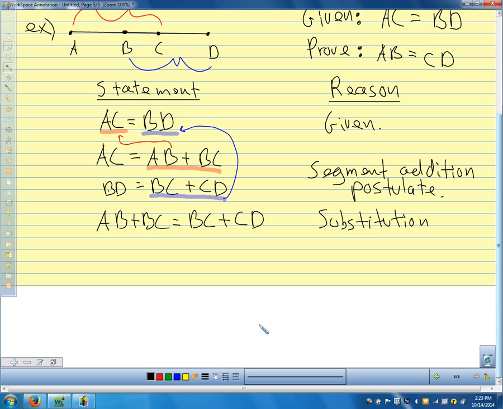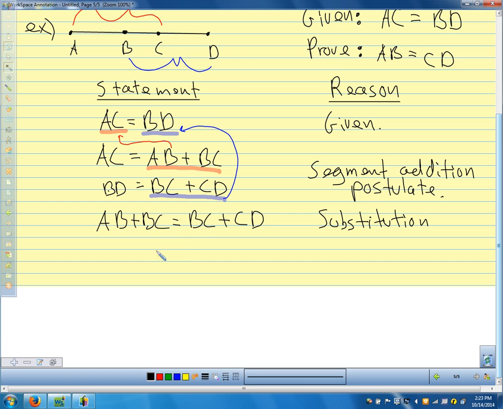All right, and these are segment lengths. These are all just numbers. So I have this number BC, whatever it is, on both sides of the equation. What can I do with that number BC on both sides of the equation? I want to subtract. I want to get rid of it because I'm trying to get AB and CD. There they are. I want to get those by themselves.